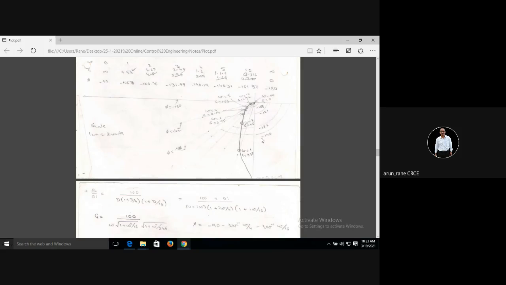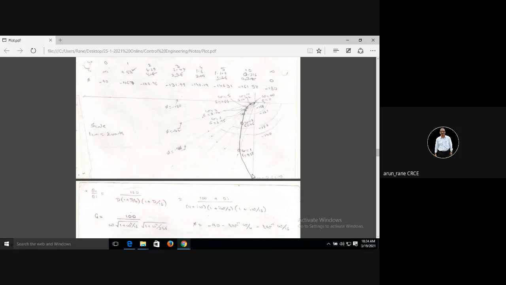Understood? Now in this case, see this graph is coming like this and it is going here, isn't it? That means minus 1 comma 0 is obviously outside. Correct? Minus 1 comma 0. That means the system is stable.